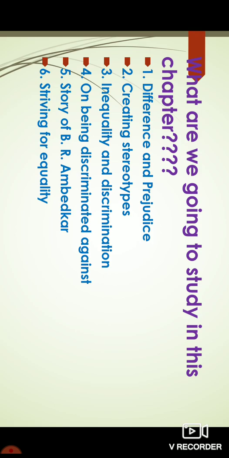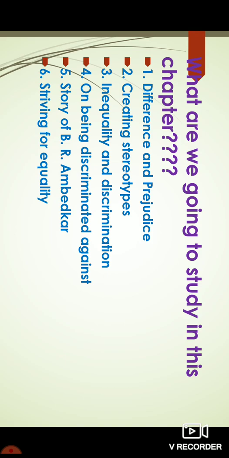Next one, creating stereotypes. I know these words are a little difficult to understand, but when we discuss further you will understand it properly. So no need to worry, just listen to the words.